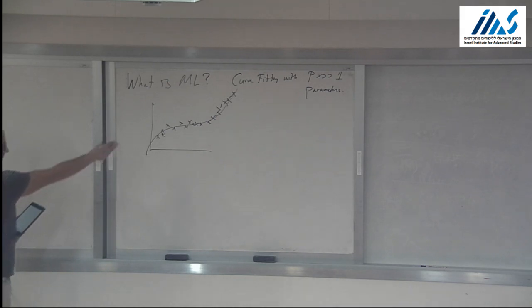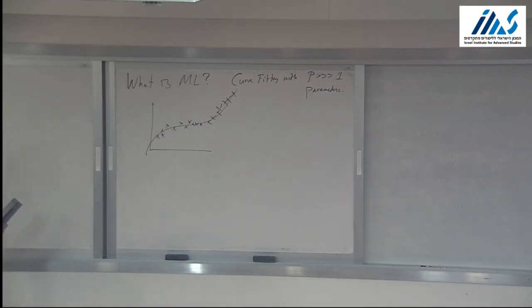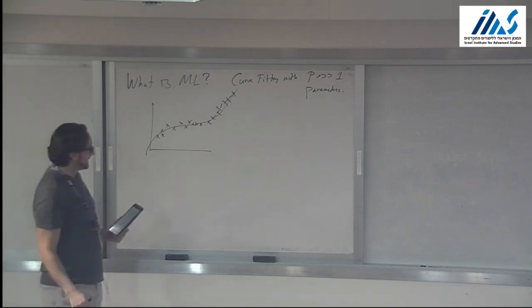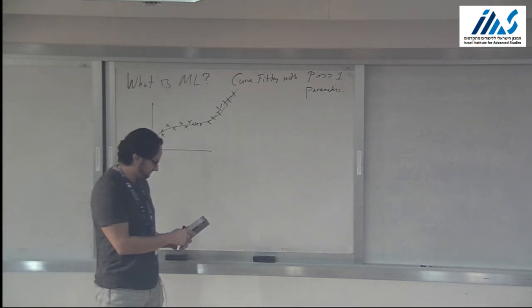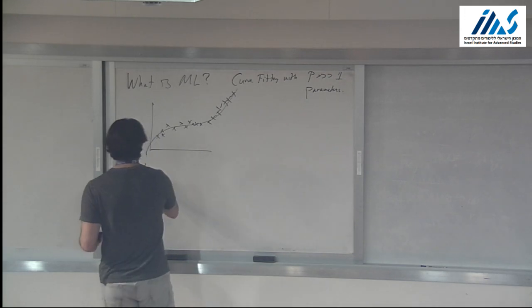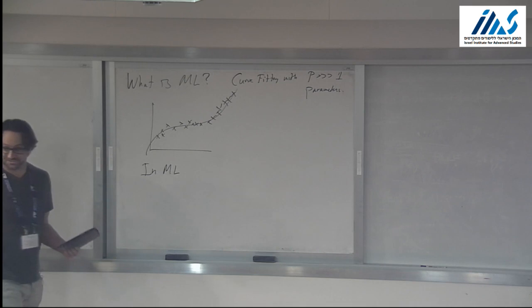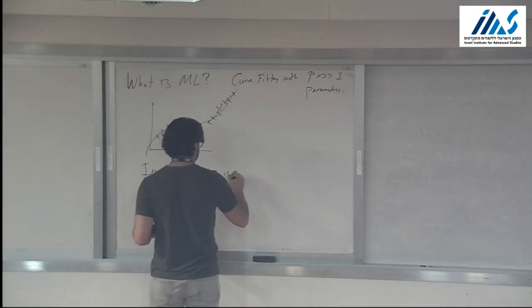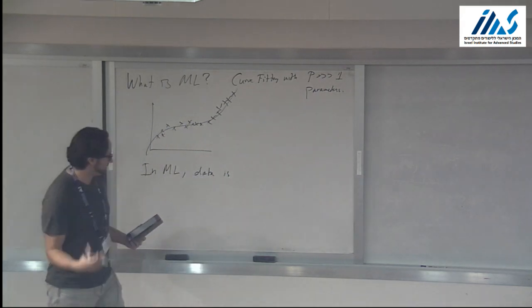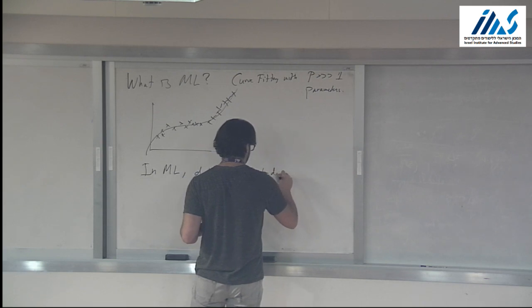So this, of course, is the familiar situation of curve fitting. Maybe you fit a third-order polynomial to a bunch of data points. All machine learning is doing this kind of curve fitting, but typically in a very high-dimensional space and with a huge number of parameters. So in ML, and this is both true in practice and also advice to you, individual data examples are a high dimensional vector.